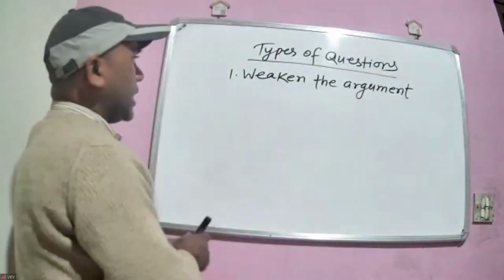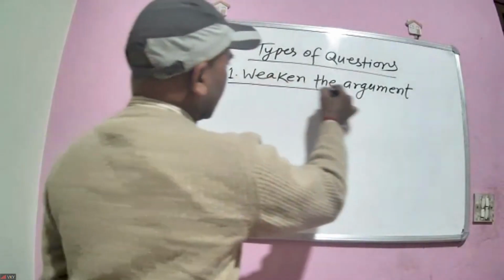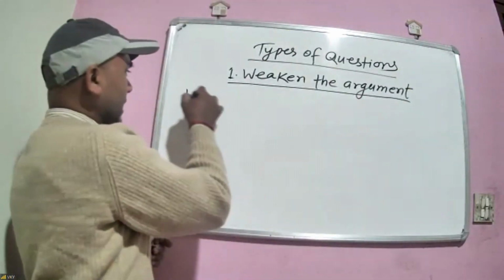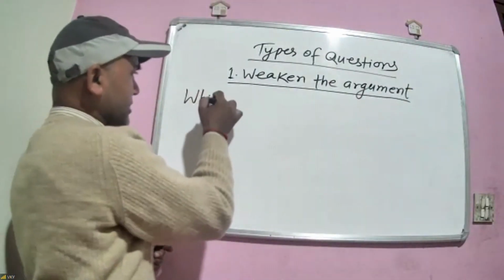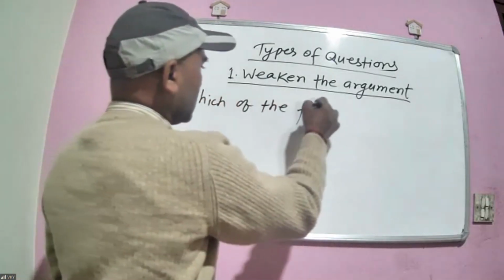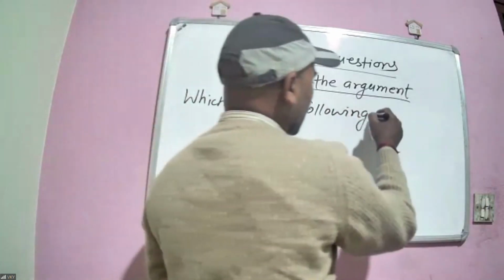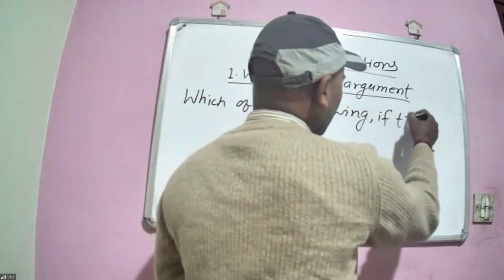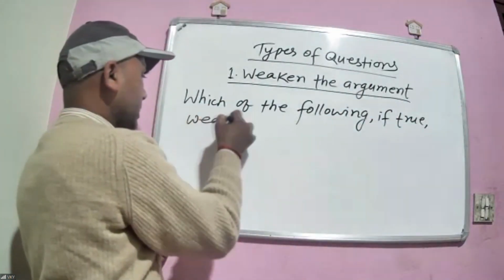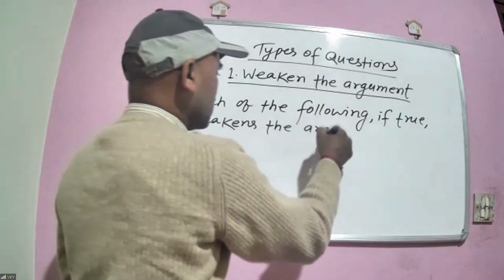Now what is the nature of the weaken-the-argument question? Below the text, you have this type of question: Which of the following, if true, weakens the argument?